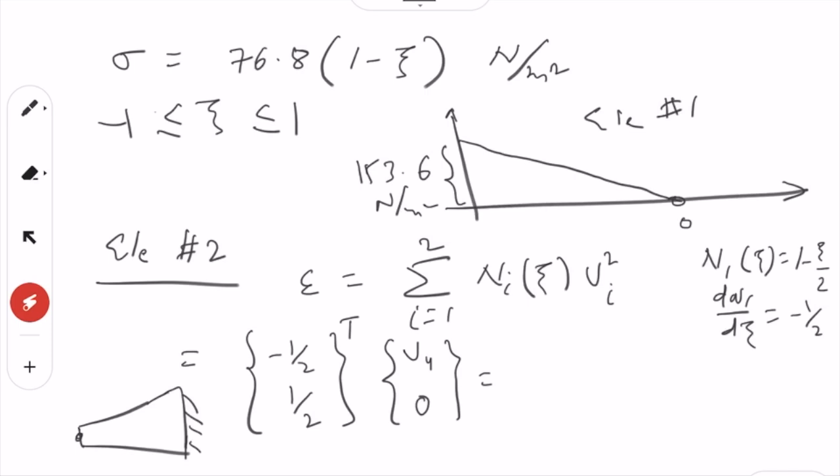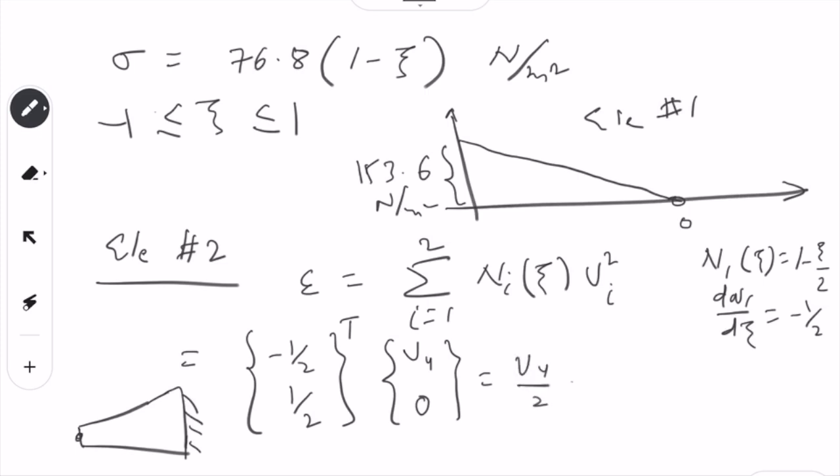Okay, now if you transpose this one, this becomes minus half and half here, so u4 will multiply to this, so basically we have a negative value only, this multiplied by this 0, so it becomes minus half u4, right? So this is minus u4 over 2.